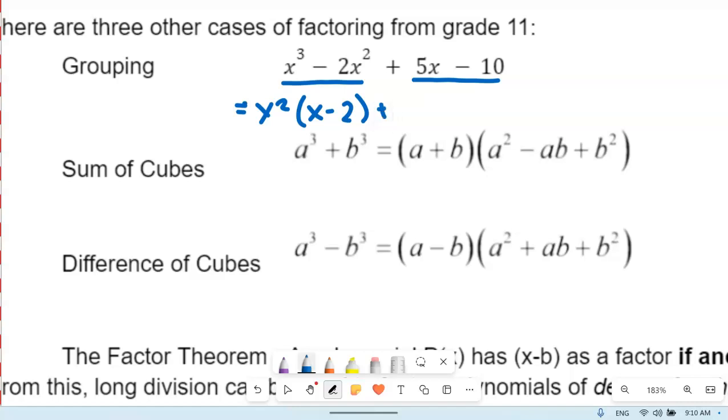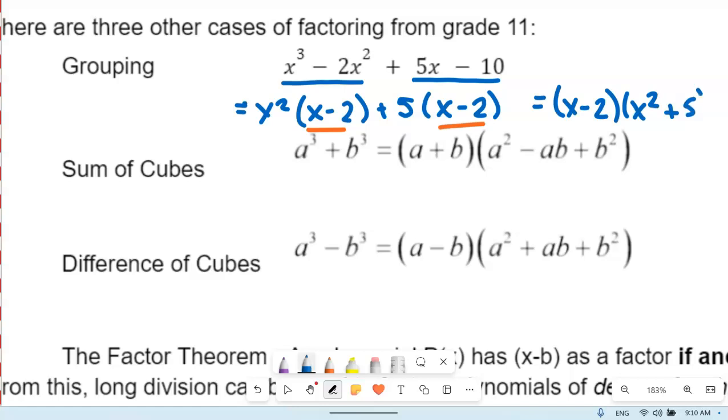And the second group has a 5 in common. That leaves x minus 2. And we notice that we have this new common factor here, so we're going to move that out to the front. So we're going to have x minus 2 out front, and then we have what's left behind, x squared plus 5.